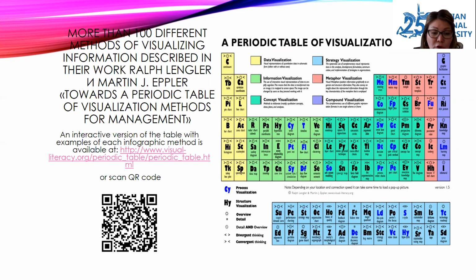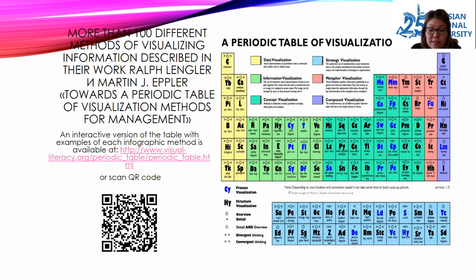An interactive version of the table with an example of each infographic method is available by the link which you can see on the screen, or you can scan the QR code of this table.